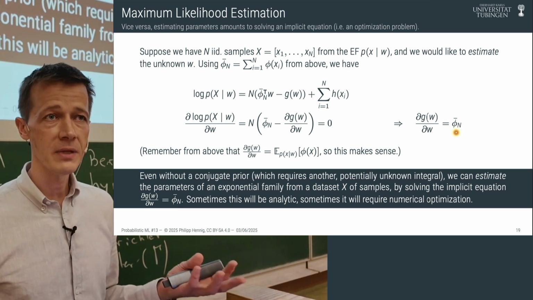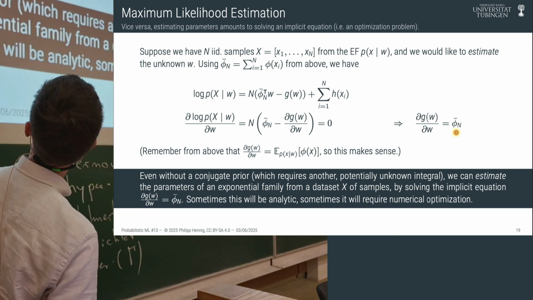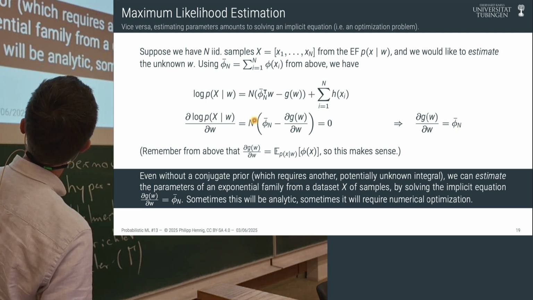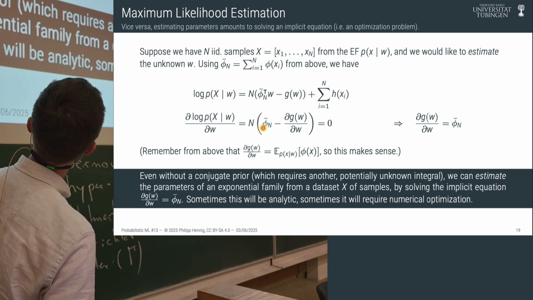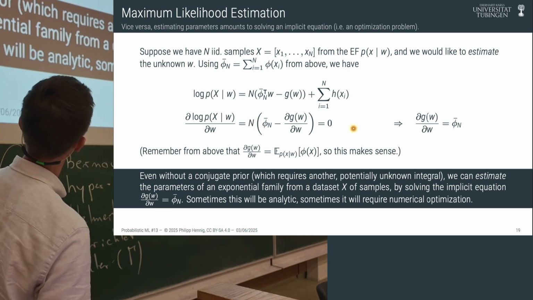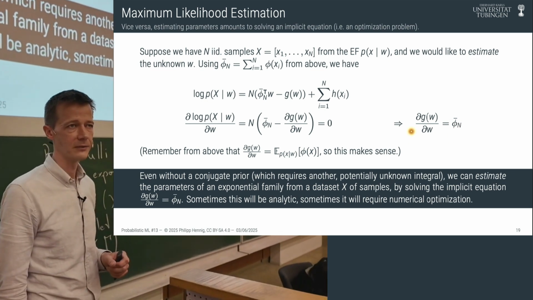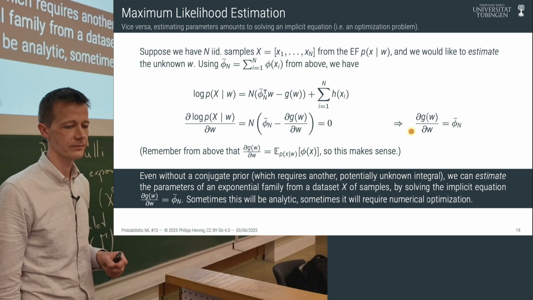Right? It's the empirical mean of the sufficient statistics. Did I drop an n? No, actually, it cancels out because it's on both sides. Yeah, okay. And then we need to set it equal to the gradient of the log partition function.